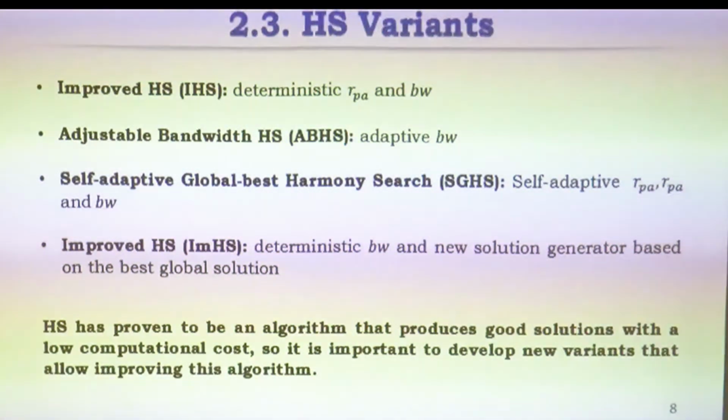So it is important to develop new variants, because the low computational cost is a good approach for this kind of problem.